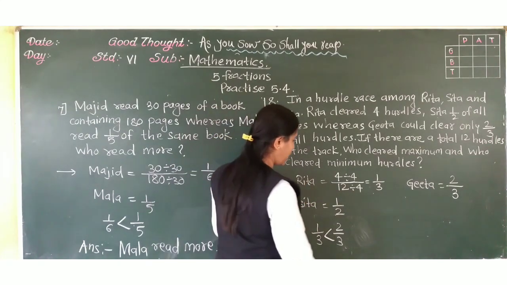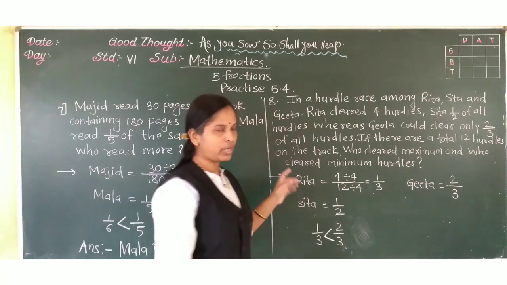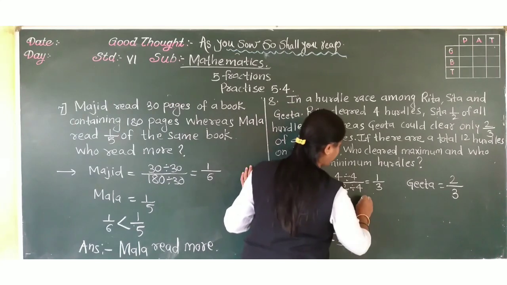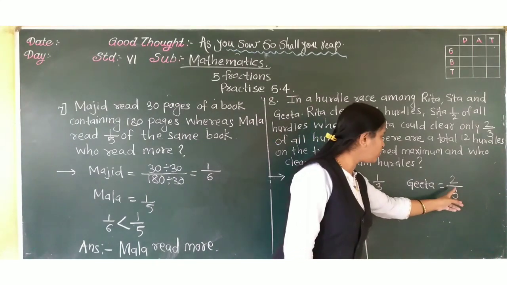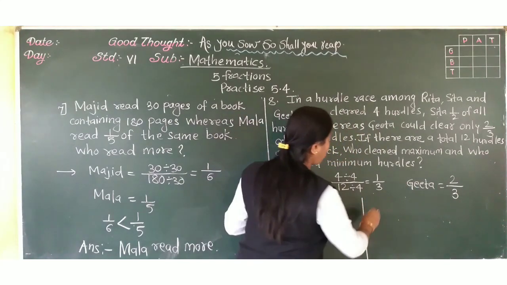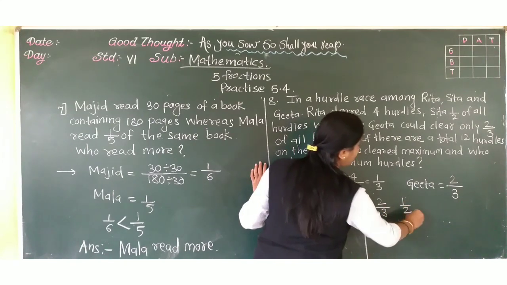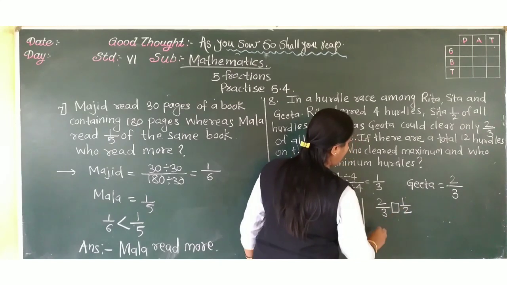Now, we will compare Geeta's and Sita's. Okay, 2 upon 3 and 1 upon 2 we will compare. So, the first comparison of these two is over. Now, the comparison of Geeta and Sita we will do. So, 2 upon 3 and 1 upon 2. What is the LCM? We have to take the LCM.